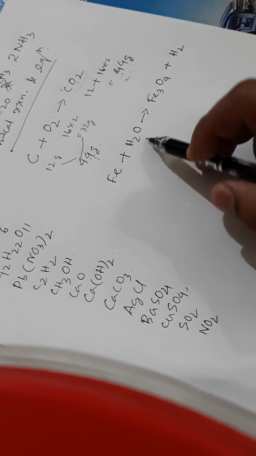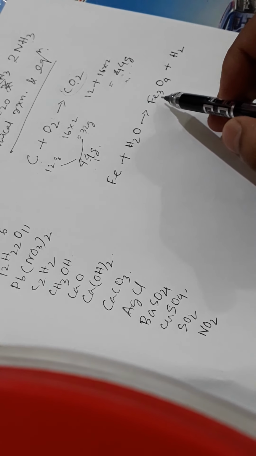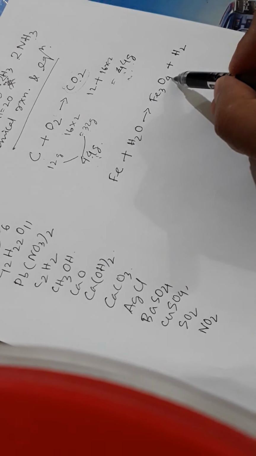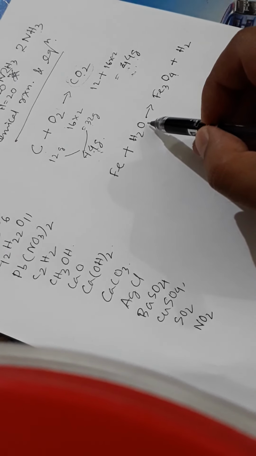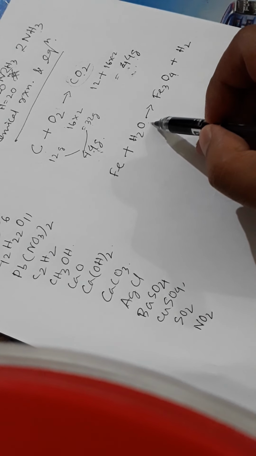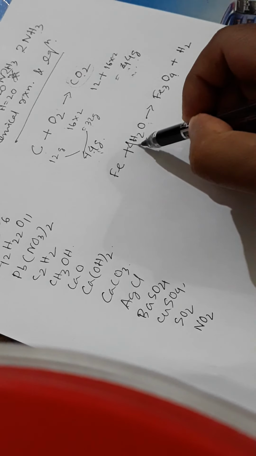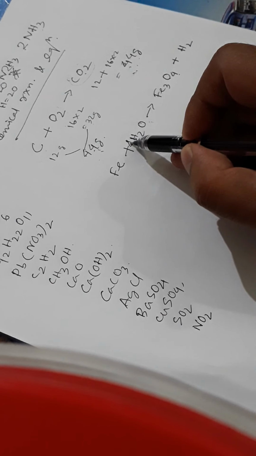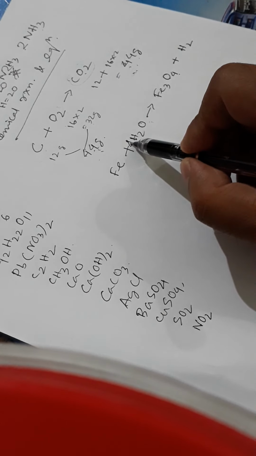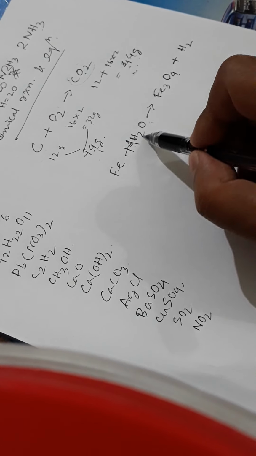So now we go to this equation, Fe + H2O gives Fe3O4 + H2, we have to balance it. First of all, oxygen is more in number among these elements, so you have to balance oxygen first on both sides. Here oxygen is 4, but on the left hand side oxygen is 1. In order to balance it, it also has to be 4. So we cannot write below, we have to write 4 before water. So it becomes 4 oxygen. But at the same time, how many hydrogen? 8 hydrogen.